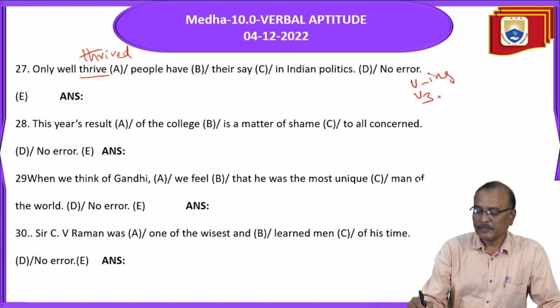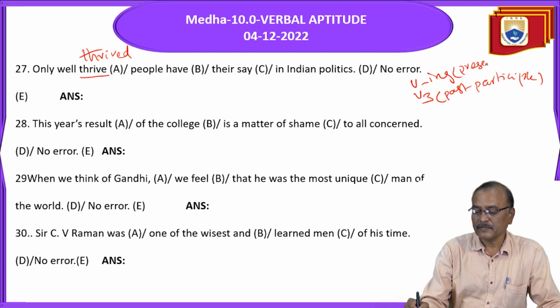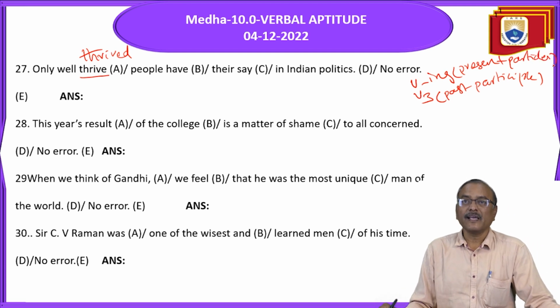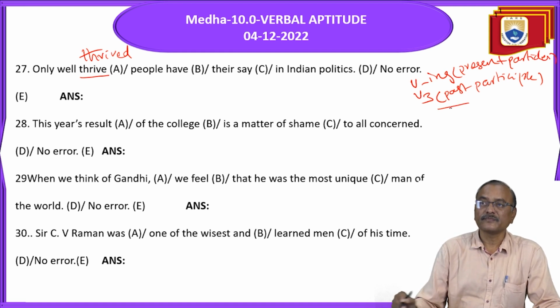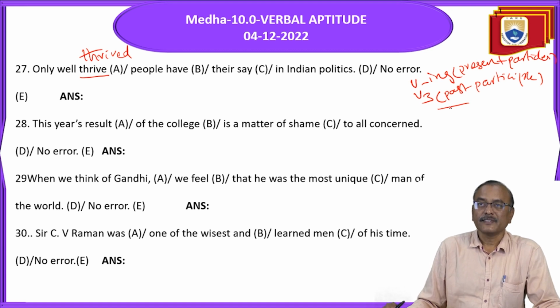This is a past participle, and this is present participle. These verbs can often be used as adjectives. So thrived, well-thrived people, thrived, V3 form. So they can be used as adjectives, V3 form.